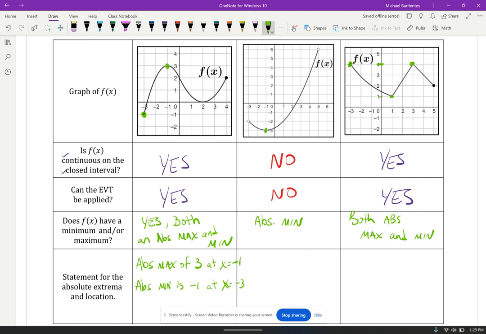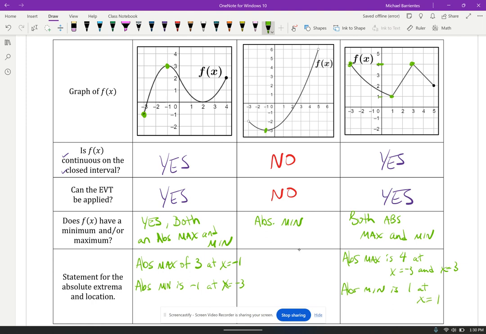And so when I jump to the last one, the absolute max is 4. There's only one absolute maximum, but it happens at x equals -3 and x equals +3. And the absolute min is 1, and that happens at x equals 1.